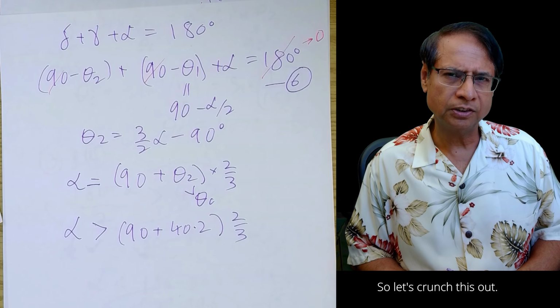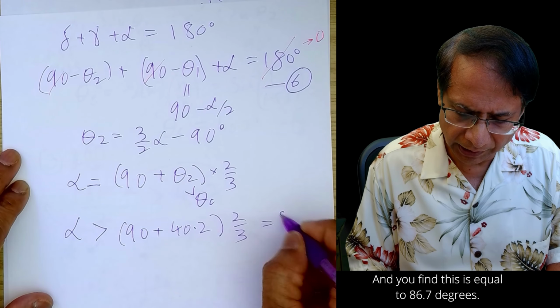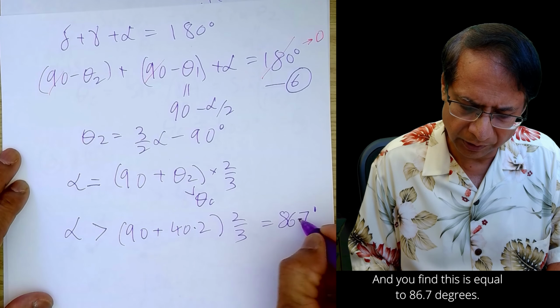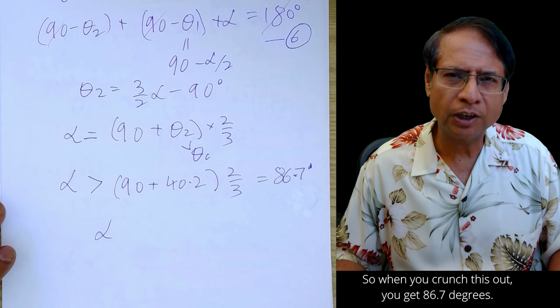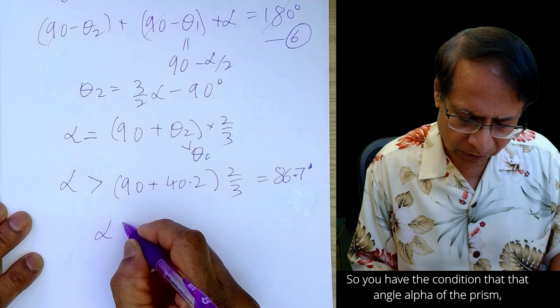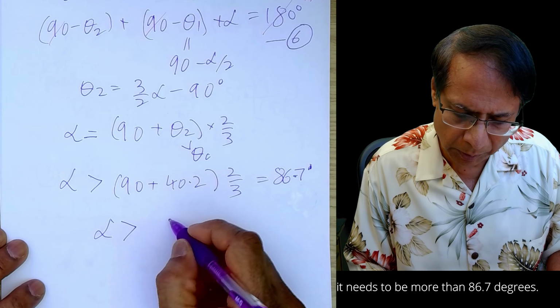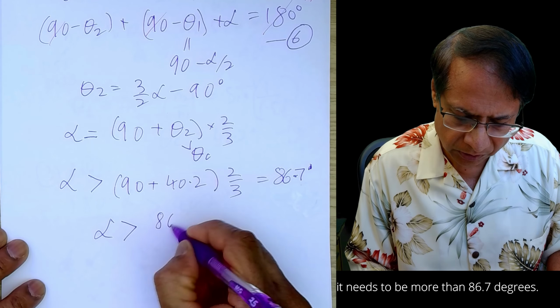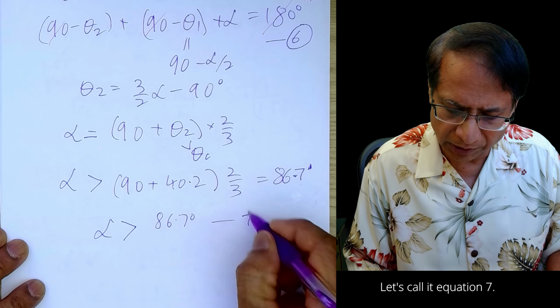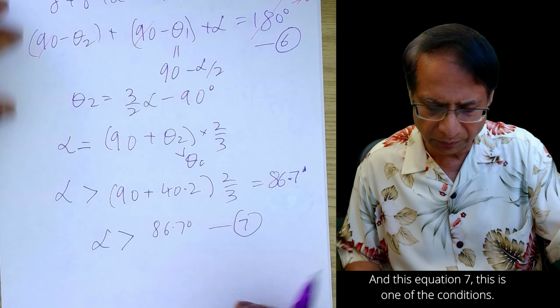So let's crunch this out, and you find this is equal to 86.7 degrees. Let me just clean this up. So you have the condition that the angle alpha of the prism needs to be more than 86.7 degrees. Let's call it equation 7. And this equation 7, together, this is one of the conditions.